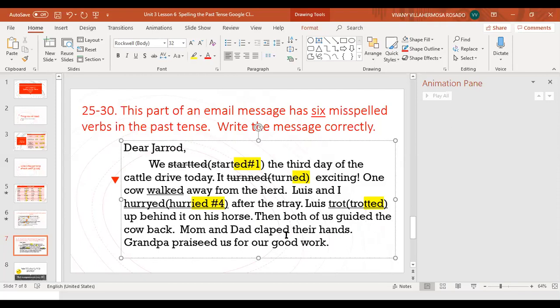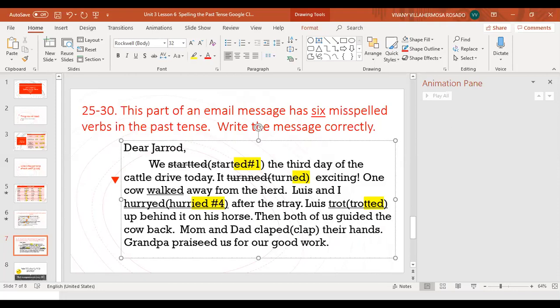Mom and dad clapped their hands. Clapped. Okay, so we notice that there's something weird here, and the base verb for clapped is clap. So let me write it, clap. So clap seems to be a verb ending with a single vowel and consonant. Rule number 3.